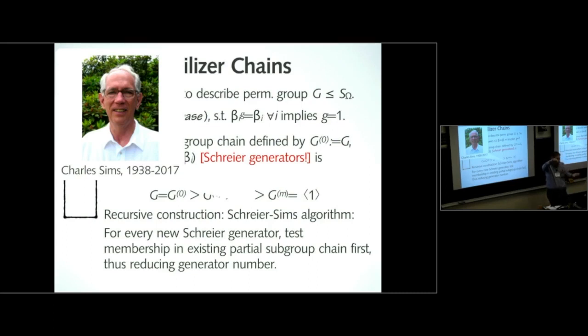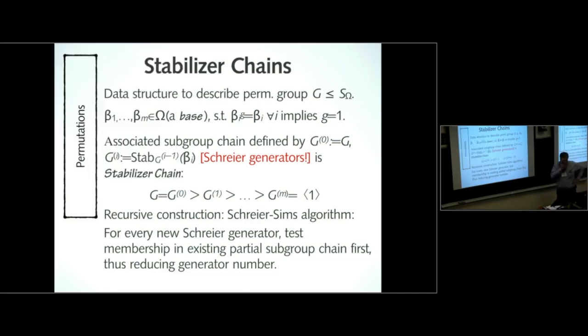But if we have already something, we use that data structure we have so far to do an element test, to check whether that element already can be written as a product of what we have. If so, we throw it away, and thereby one can implicitly reduce the number of Schreier generators and get to a smaller number. So that's a stabilizer chain, and that's very vaguely how one computes it.